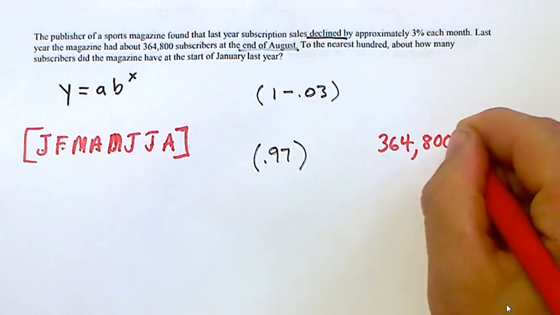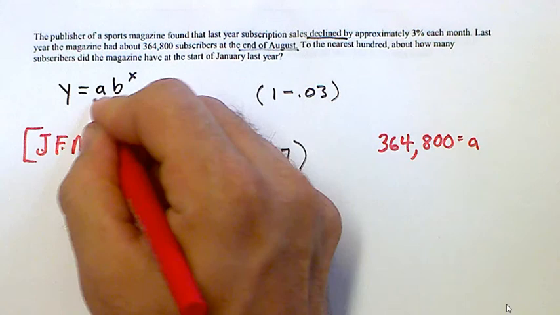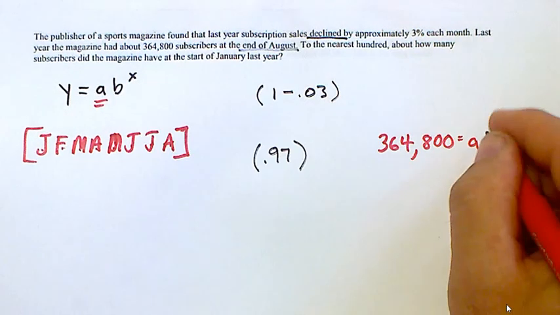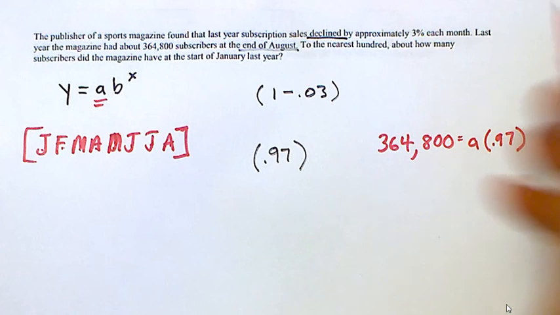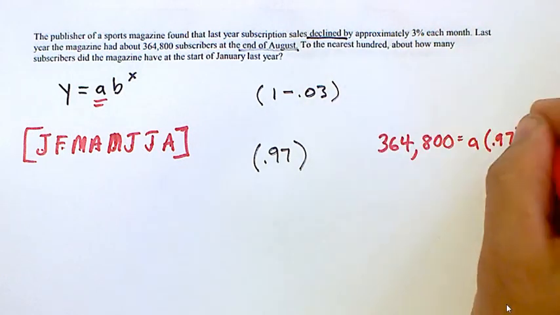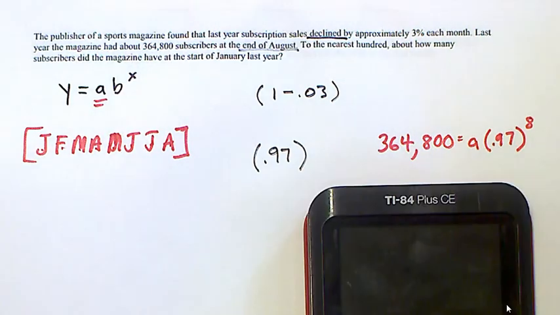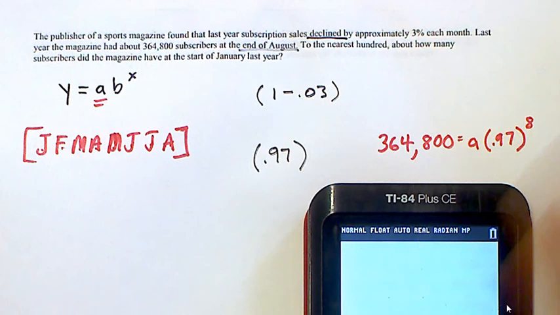Now the piece I'm missing is that initial amount, that A. This is what we call our initial amount here. And we have a 0.97 decline, okay, decay, decrease of about 8 months. And then if you just want to work that out on a calculator, that's simply taking the 364,000 and dividing by 0.97 to the 8th.